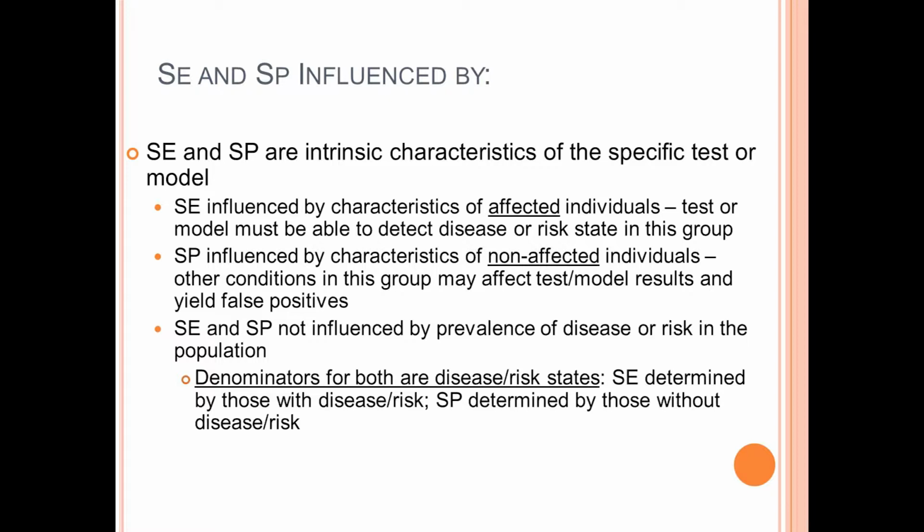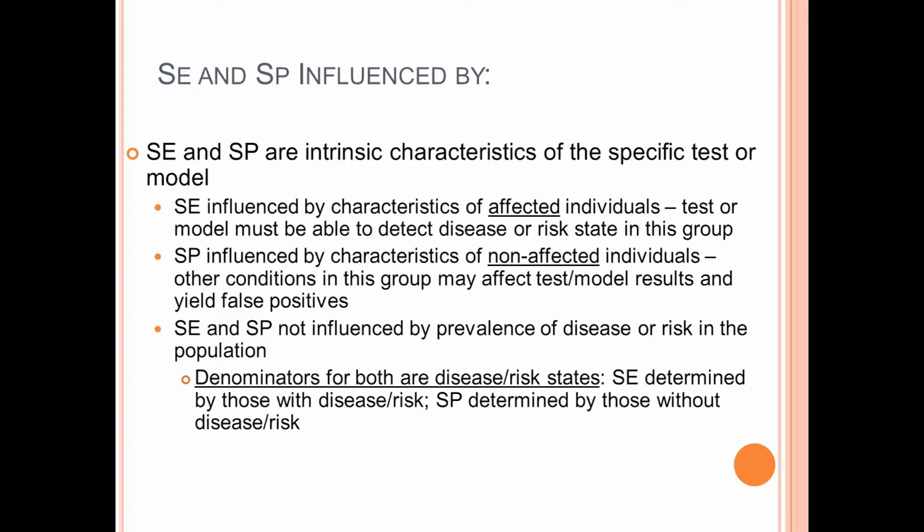So if you're testing for a particular strain of strep, you want that test to be able to identify that particular strain of strep and not something else. Specificity can be influenced by characteristics of non-affected individuals who might have other conditions that also may affect the test or the model. So you need to think about that.